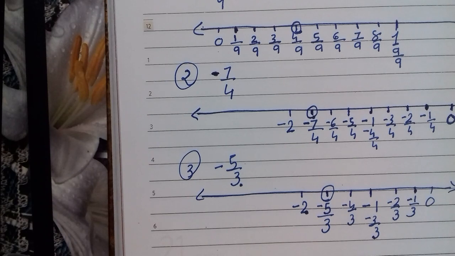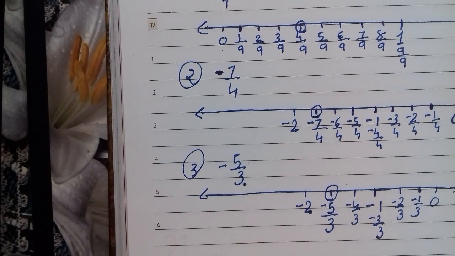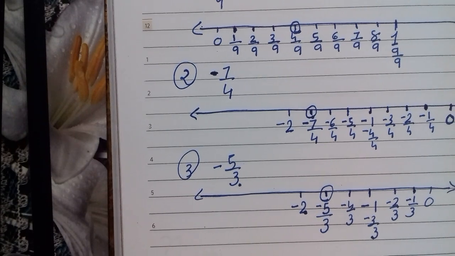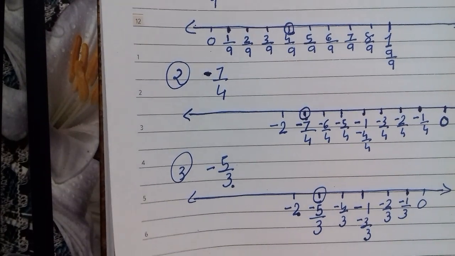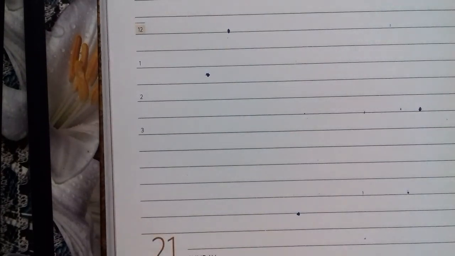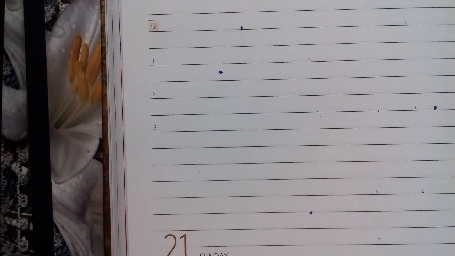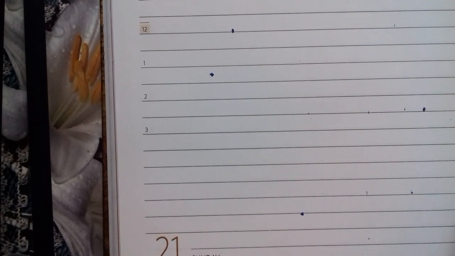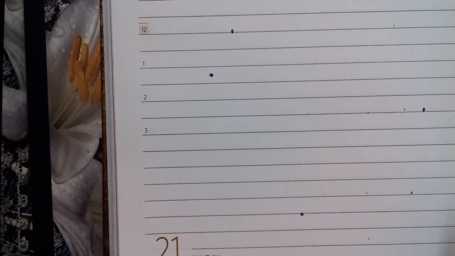So by this method you can represent any rational number on the number line. Next point, rational numbers between two rational numbers. You will find that you get countless rational numbers between any two given rational numbers.